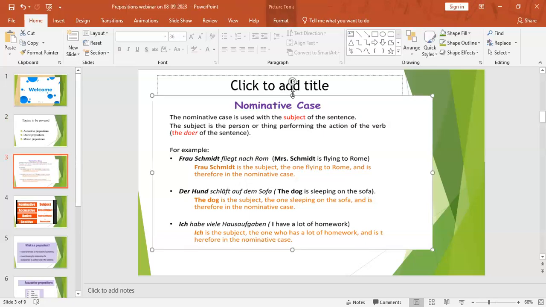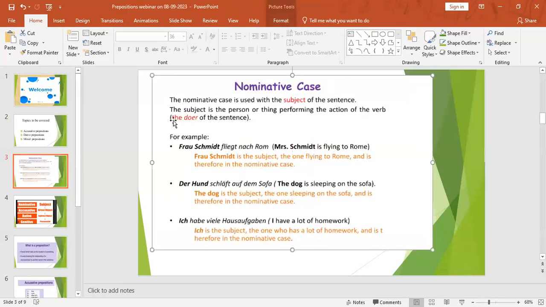The nominative case is used to indicate the subject. What is the subject in the sentence? For example, Das Haus ist groß, means the house is big.